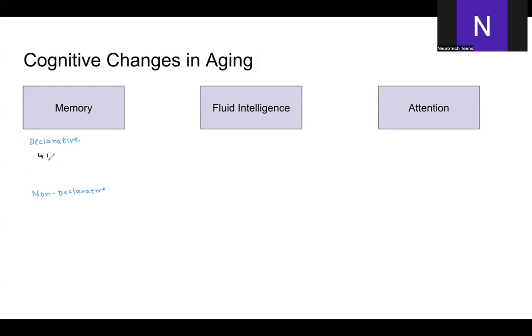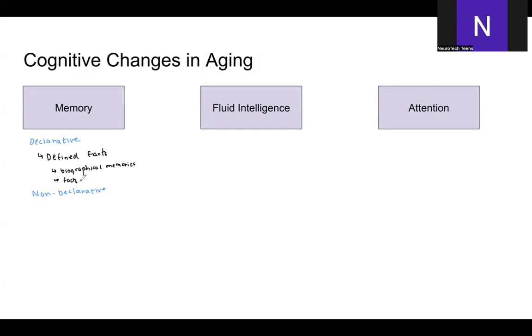Declarative memories are defined facts, right? Defined facts. So these can include biographical memory, or they can include facts.